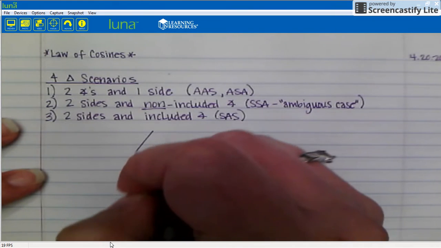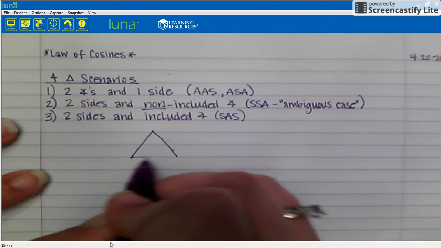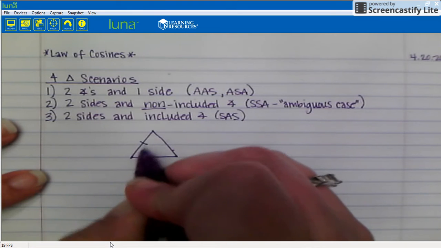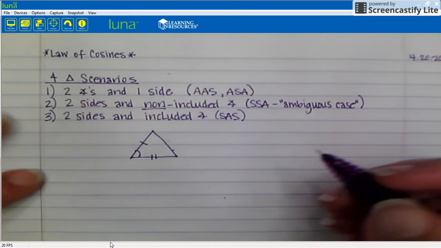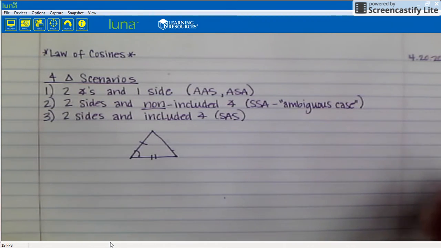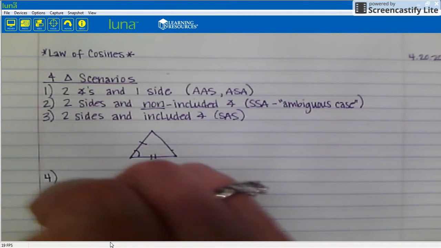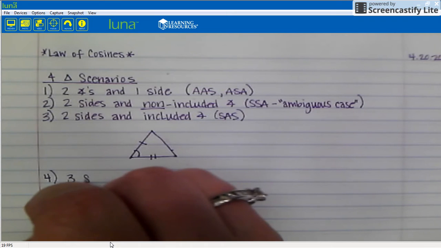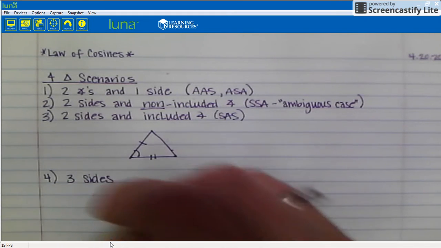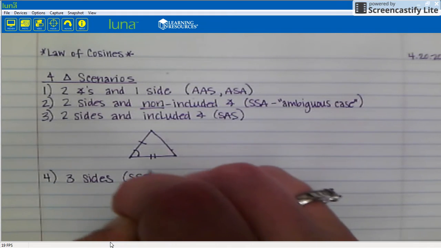So it would look like this if we are using yesterday's notation. And you could also be given all 3 sides. So that would be side, side, side.